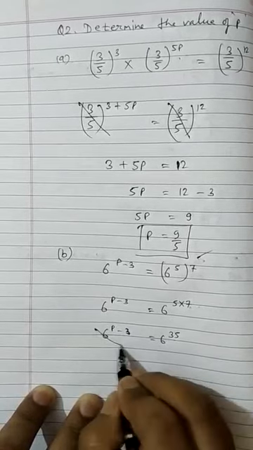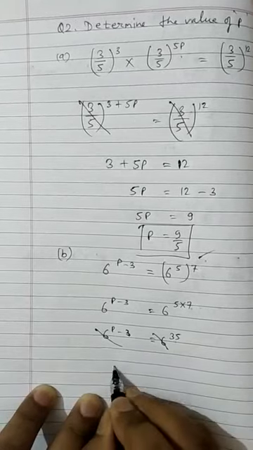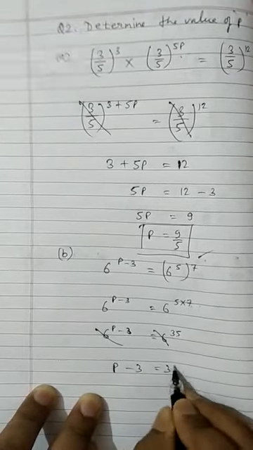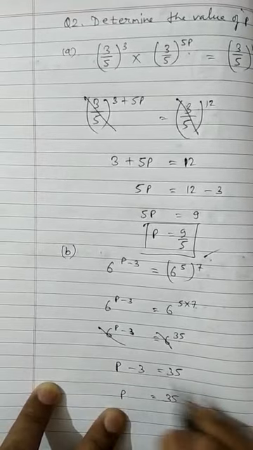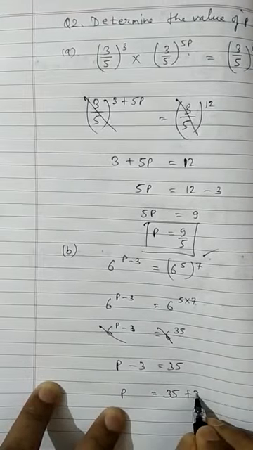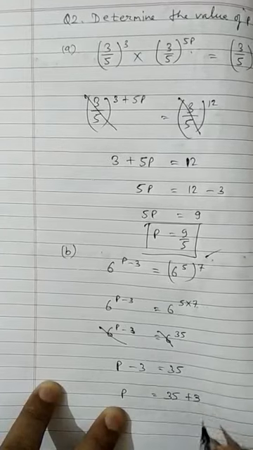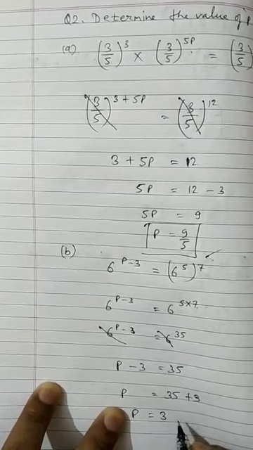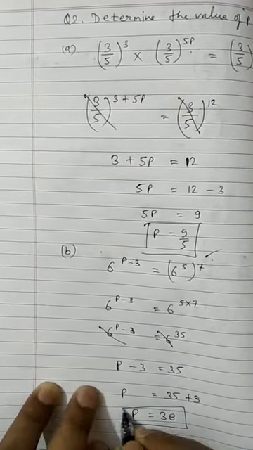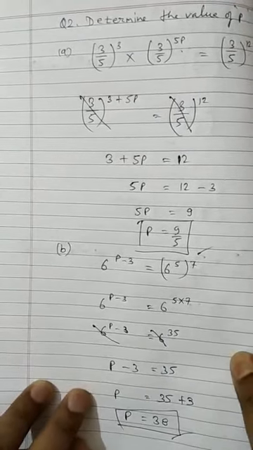The bases are the same here, so we will cancel them. So p minus 3 is equal to 35. This minus 3 will go there and becomes plus 3. So the value of p is 35 plus 3, which is 38. Done.